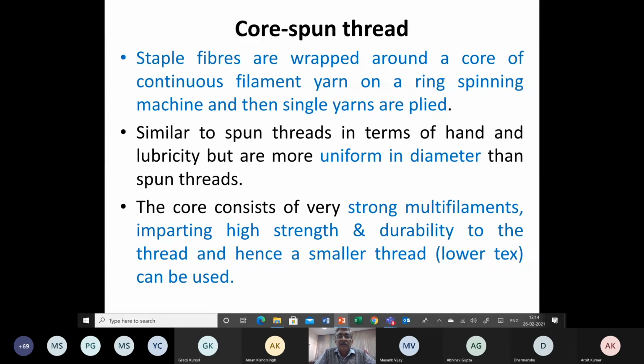That means you can use a finer thread. Suppose you want a breaking strength of, let us say, 20 Newton. You can get 20 Newton from a 10-tex core spun thread, but to get that same strength, you probably need a 12-tex spun yarn.